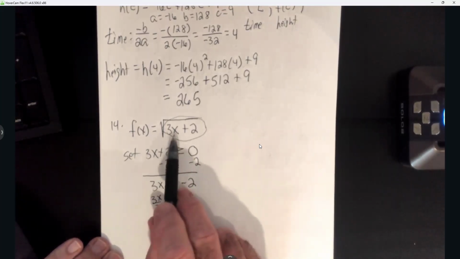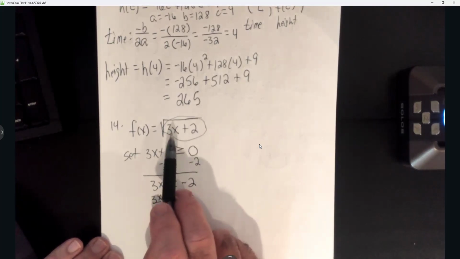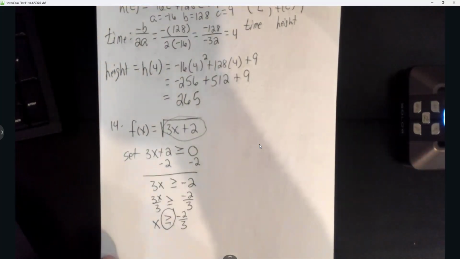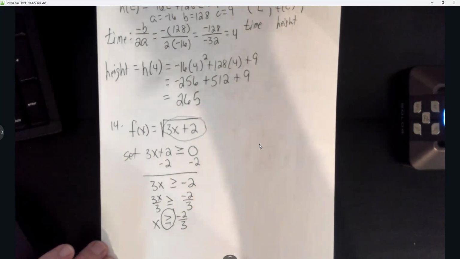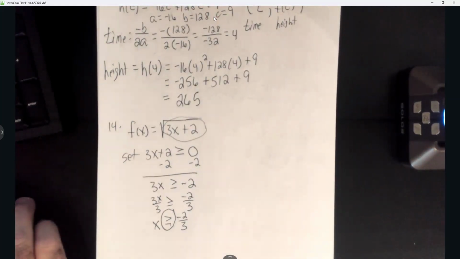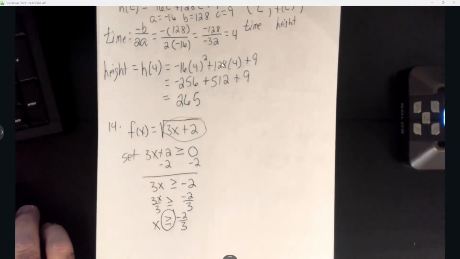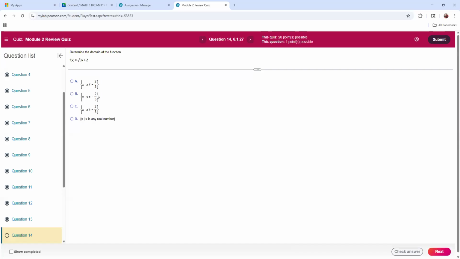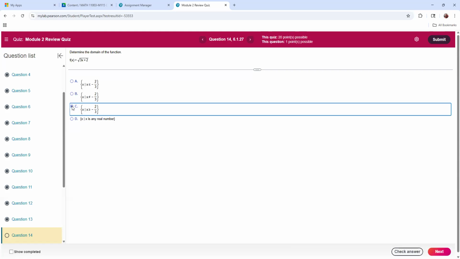Now, you're always going to have greater than or equal unless your x is negative. If your x is negative, that's going to cause it to flip. So y'all, let's go see which one that is. Greater than or equal to negative 2/3. Well, y'all, the only one that I can pick would be C on that one, okay?